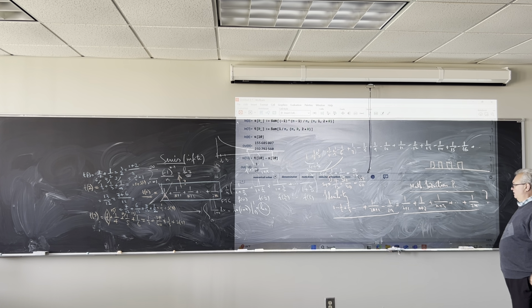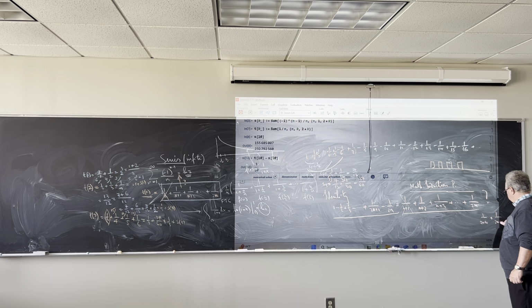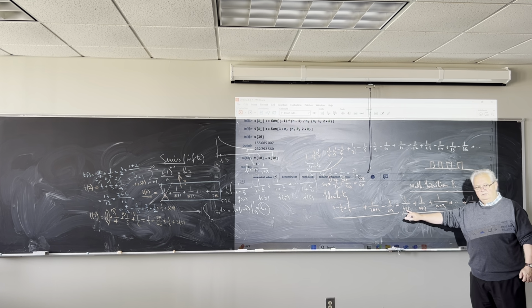Notice if we go to the next level, we need to drop this term and keep on adding all these things, but we need to add the next terms, which are 1 over 2n plus 1, and then 1 over 2n plus 2, because this is a double of that.